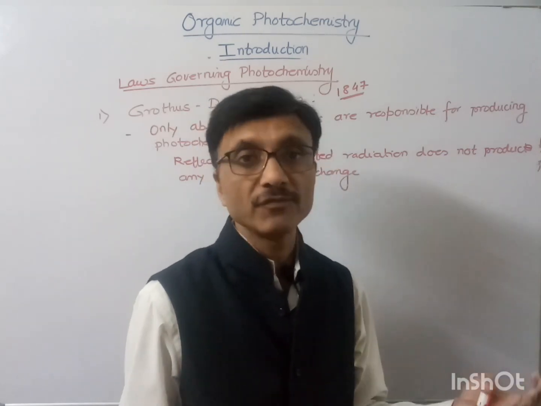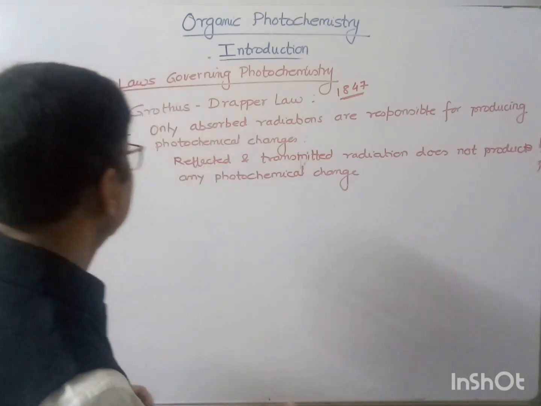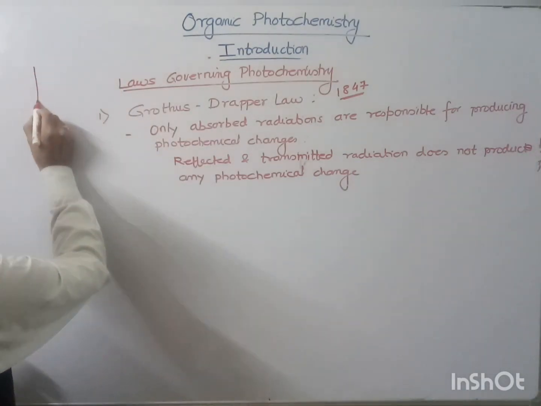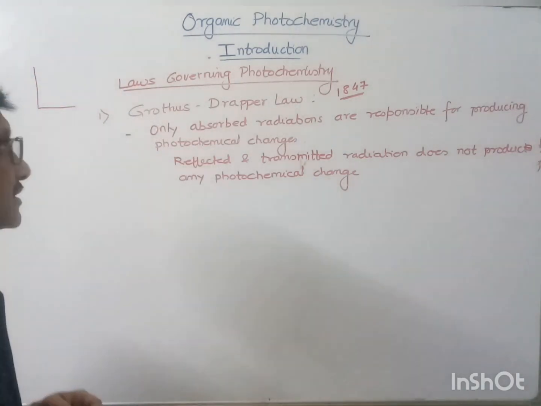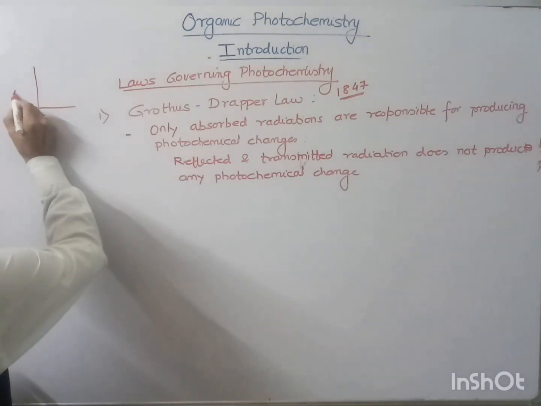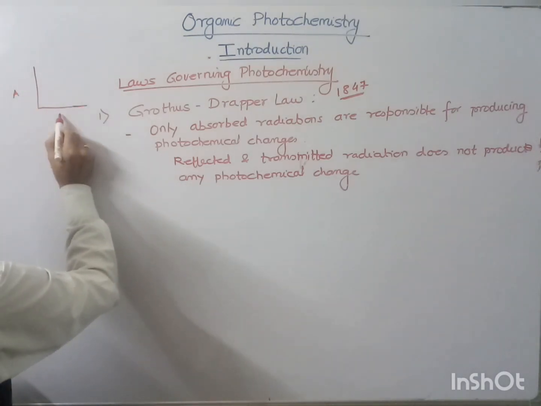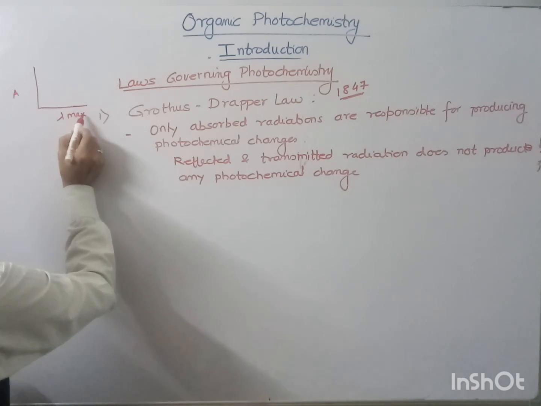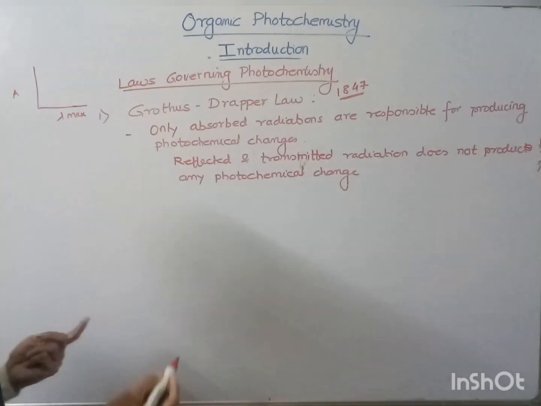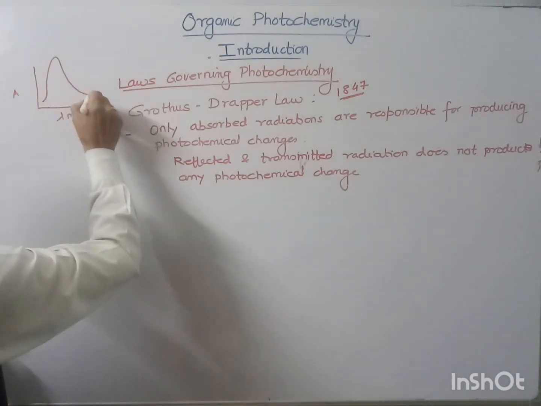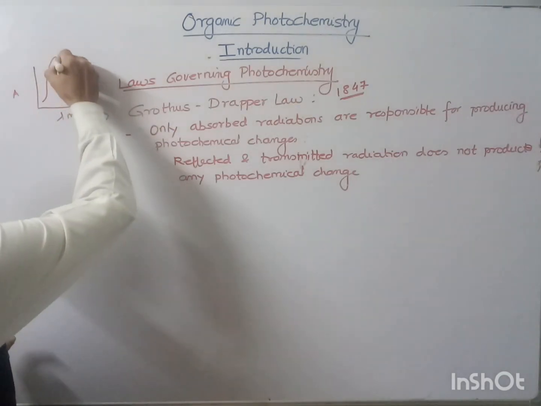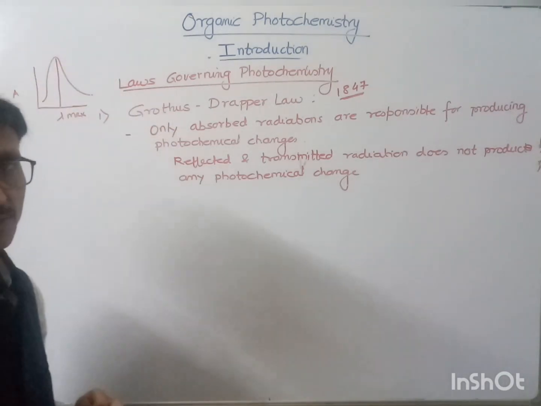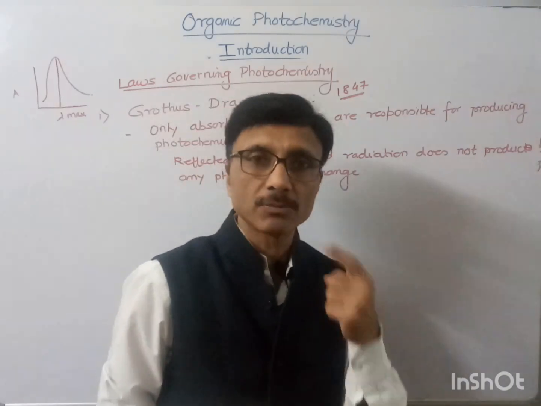Suppose we take the UV visible spectrum of a molecule between absorbance and wavelength, and this is the spectrum we got, and this is the lambda max. This is the radiation absorbed by the molecule.